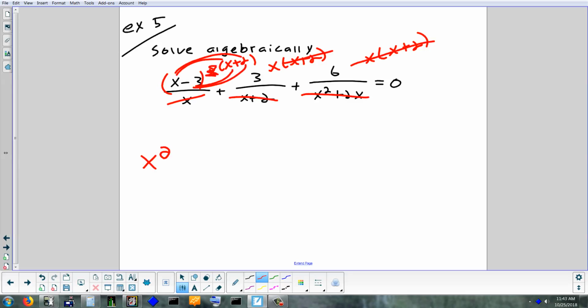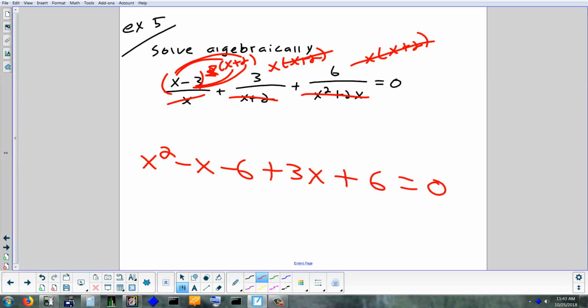We're going to get x squared plus 2x minus 3x, so minus x minus 6. Next part is pretty straightforward. It's just 3 times x. And what's the only thing left in the third fraction? Just the 6.